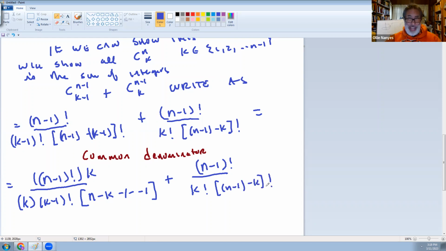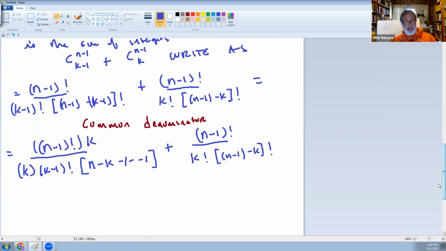I'm going to do something with that. And let's just see right here, and we're going to figure out what to do. This is k, n minus 1 factorial. Now k times k minus 1 factorial is just k factorial. So we got these things.